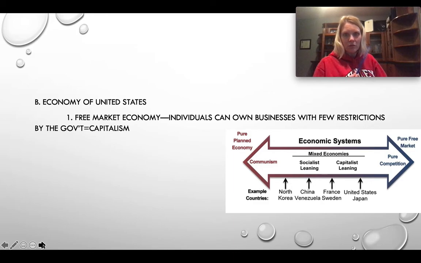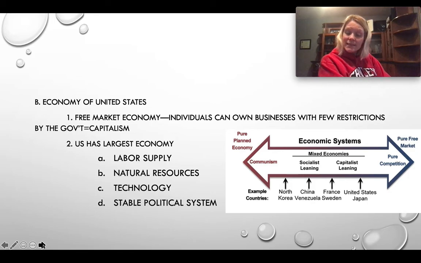So if I don't sell pens, then I'm not going to make any money. So I better start making the kind of pens that people want to buy. That's the competition. That's where capitalism becomes exciting, when people try to innovate and make a product or a business as not only profitable but useful as possible.